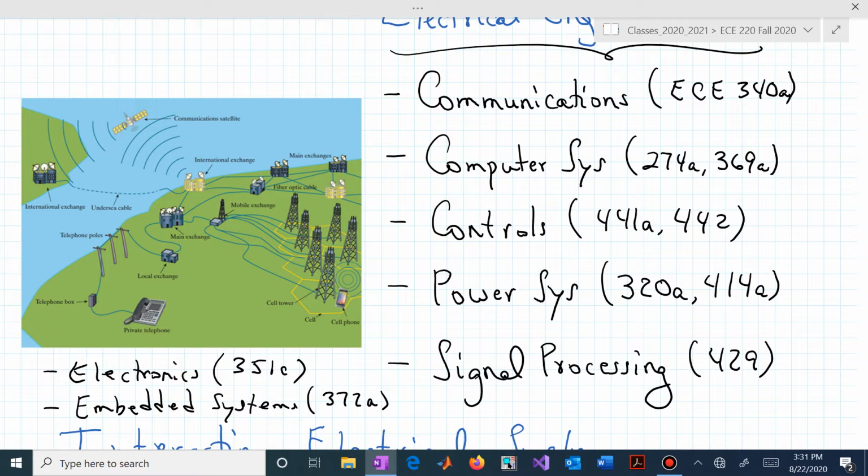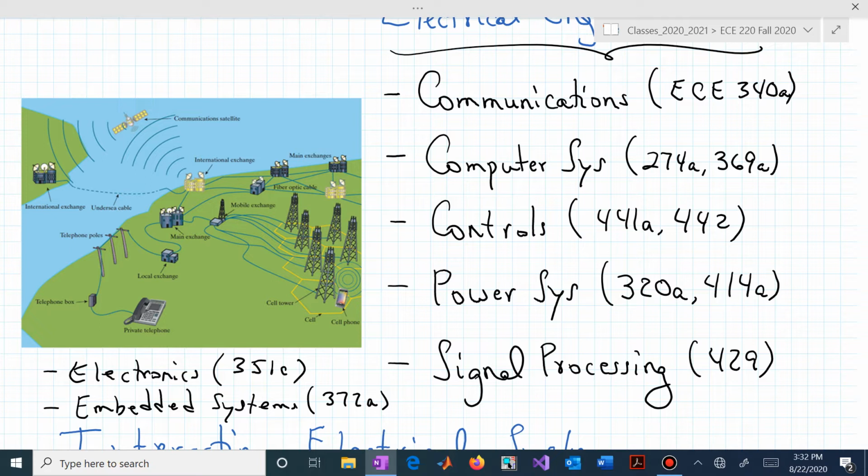Controls is another sub-area within electrical engineering. You could find controls in many of the different engineering disciplines: mechanical, chemical, systems and industrial engineering. A lot of those disciplines have a controls class, and those classes a lot of times take on the character of the discipline that they are housed within.